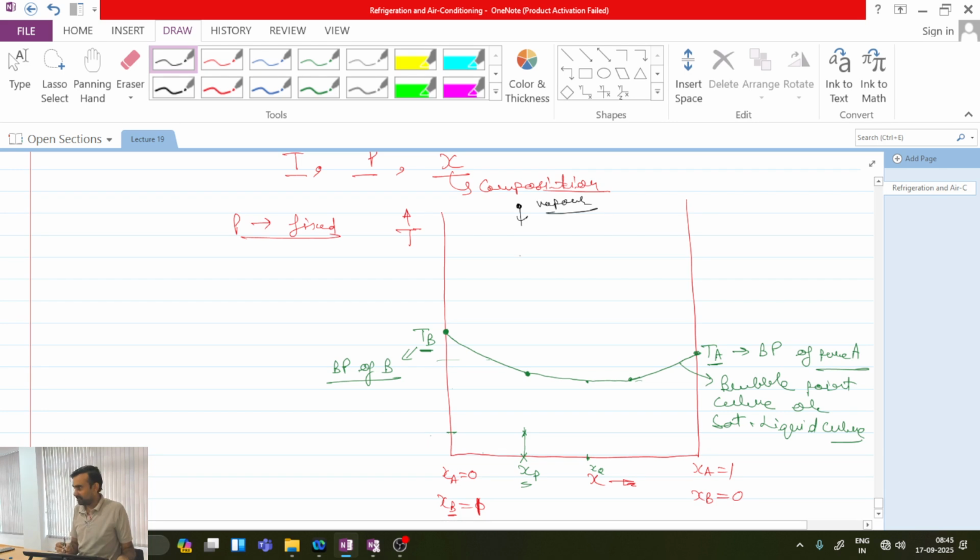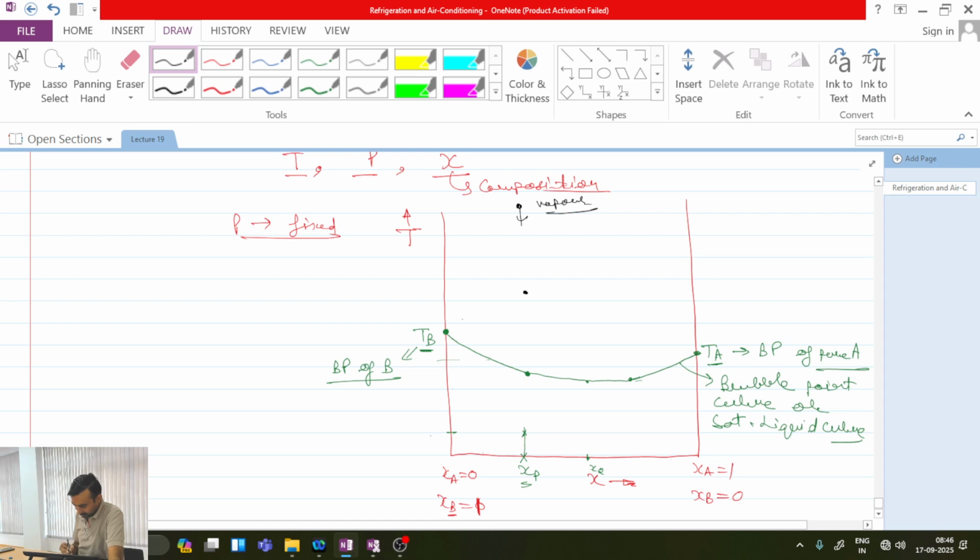First the temperature will decrease. I will come to some point where the first droplet will appear in the mixture. The point at which the first droplet appears in the mixture is called what? Dew point. Okay, that is called the dew point, and the temperature corresponding to this is nothing but the dew point temperature for a given composition.